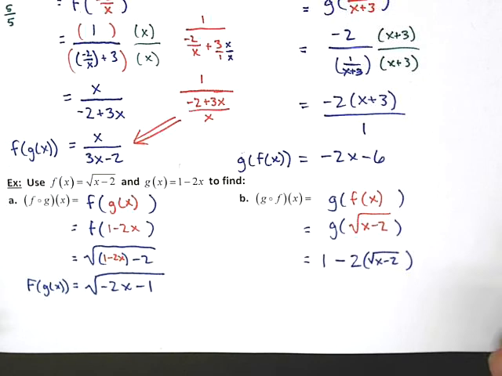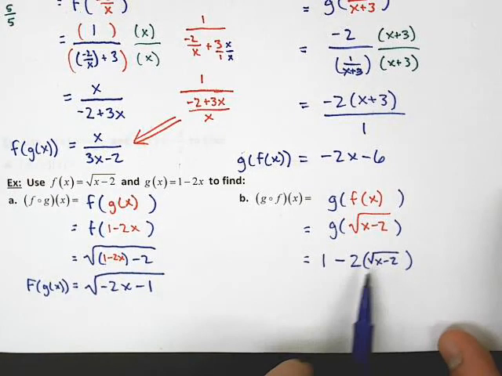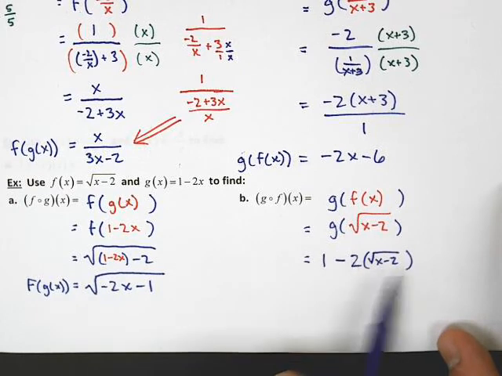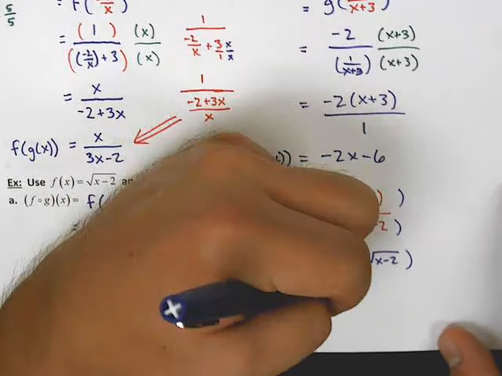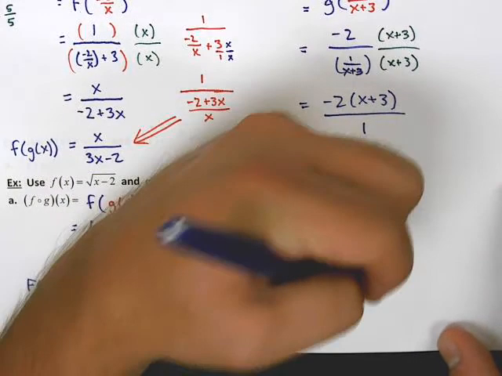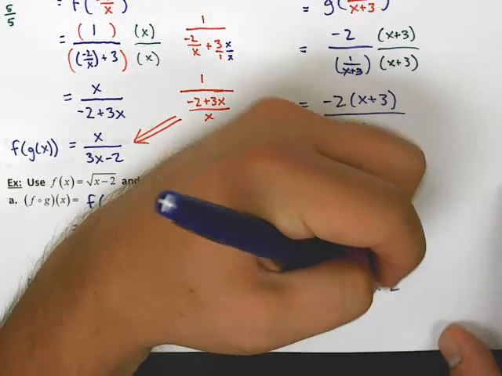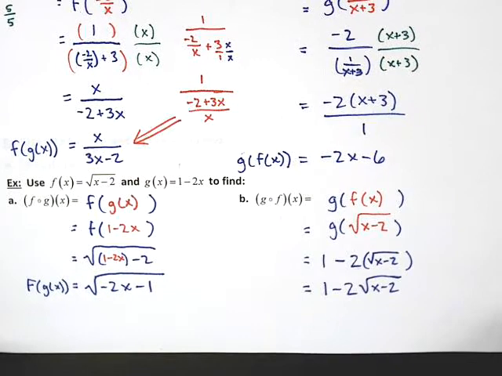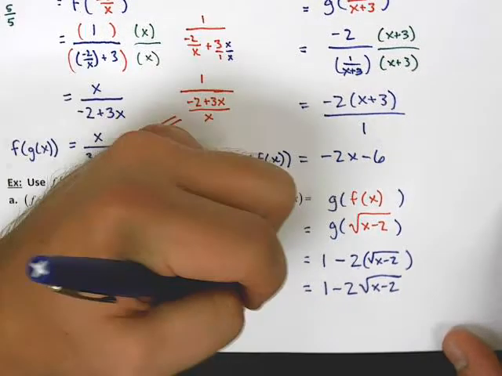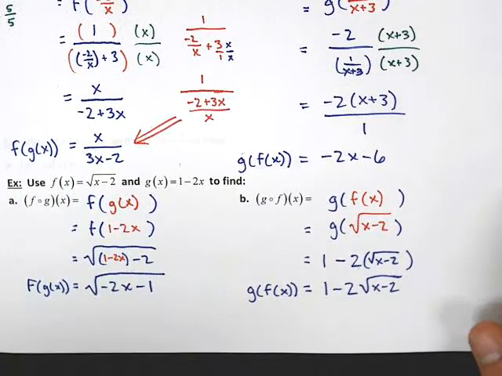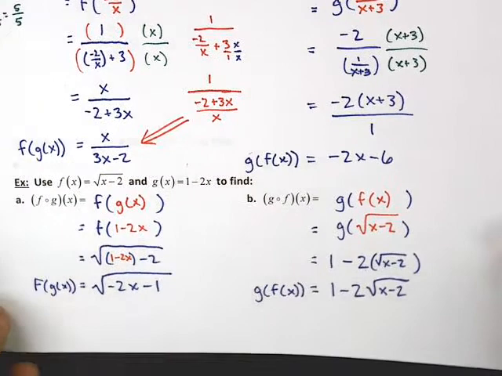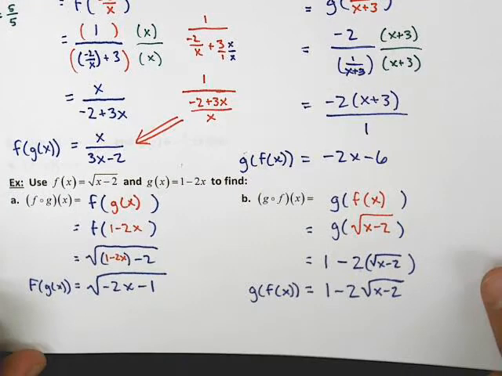This one we're pretty much done with already. We can't really reduce anything. We can't multiply this in because this is in the radical. This is a value. So here we're basically just getting rid of the parentheses and writing our answer, g of f of x. Okay, so there are some, I don't want to say easier ones, but these are good to warm up with.